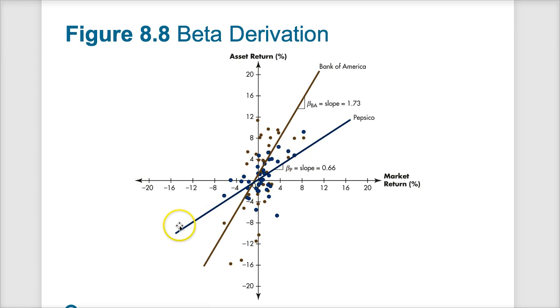We look at the reaction. So the steeper the slope, the bigger the reaction. So Bank of America has a much more reactive stock at a higher beta, and PepsiCo has a more flattened stock with a lower beta of 0.66. So the higher betas react more to market return or changes in the market than lower betas. So that's what's going to be our measure of risk.